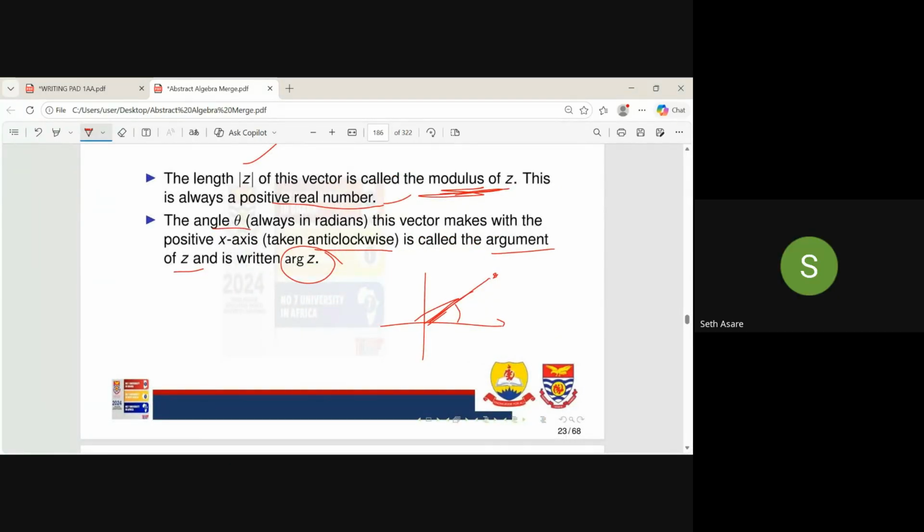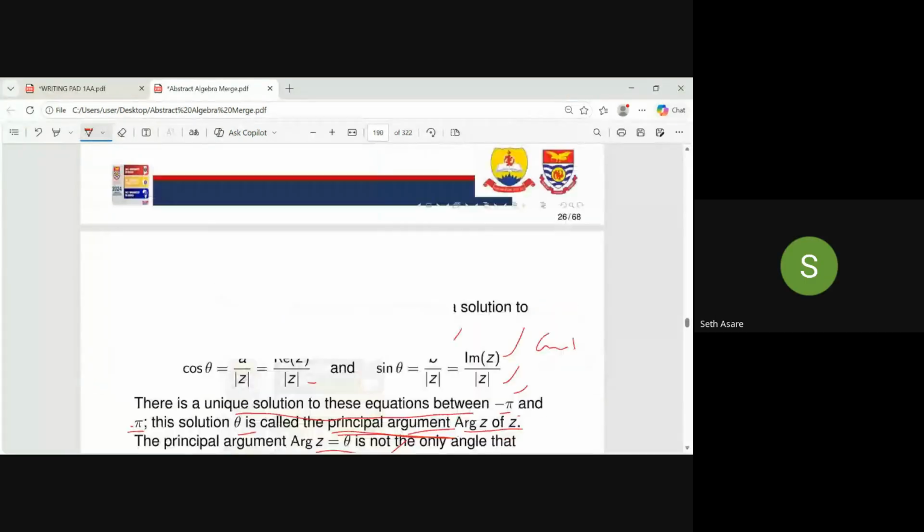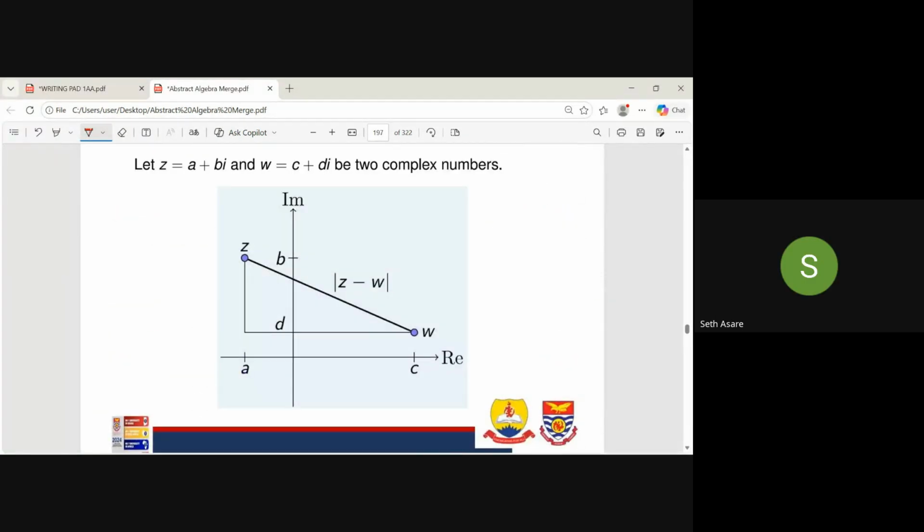So we said here, look at that. The angle theta is always in what? That is it. But when you write it in the other one, you are not wrong.